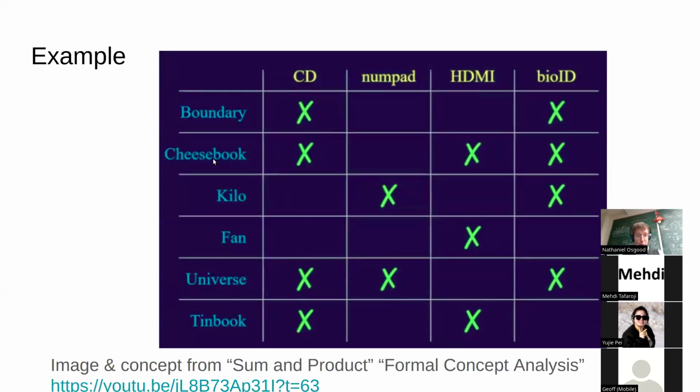By contrast, if you had Boundary, Cheese Book, and let's say the Tin Book, they're going to share a set of attributes. What are they going to be? Well, you'll notice before with Boundary and Cheese Book, we had these two attributes.